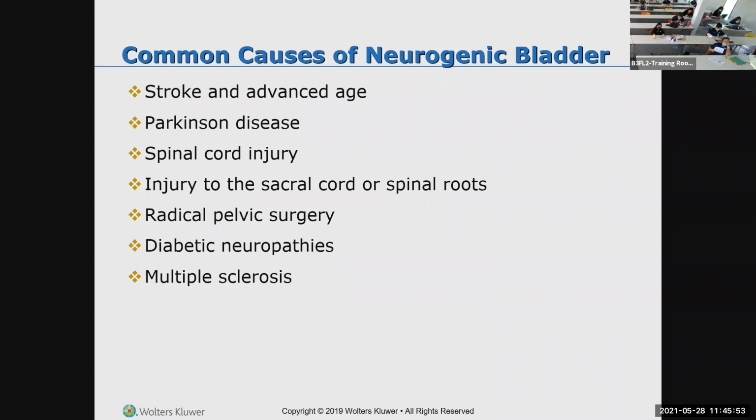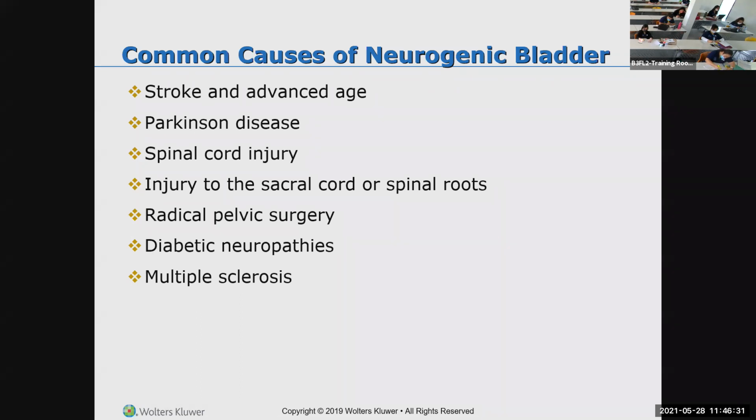Common causes for neurogenic bladder: maybe the patient had a stroke, or maybe advanced age; Parkinson's disease, I mentioned earlier; spinal cord injury; injury to the sacral cord or the spinal root; radical pelvic surgery; diabetic neuropathies; and the last one is multiple sclerosis.